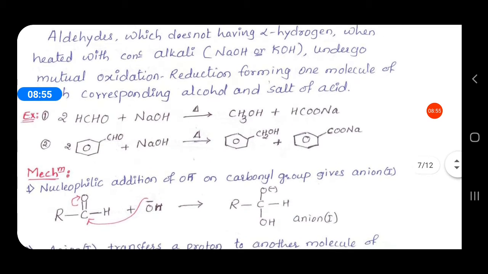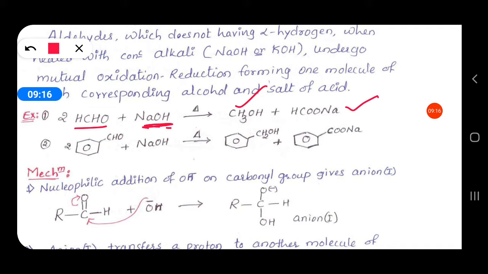So for example, formaldehyde is taken. In formaldehyde, there is no alpha carbon, so no alpha hydrogen is present. When it is heated with NaOH, it gives one molecule of alcohol and one molecule of sodium formate.